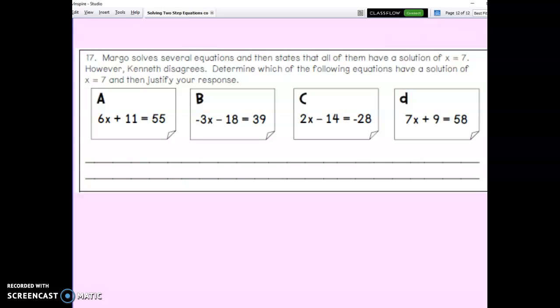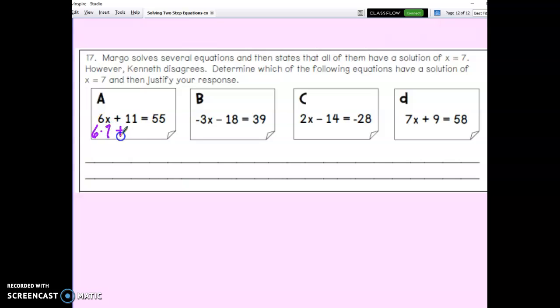So the easiest way to see which one's correct is to just take and solve these equations. Now I can work through them by substituting the 7 in and see if it works, like check my answers, or I can just work these out the other way. So I'm going to substitute it in.